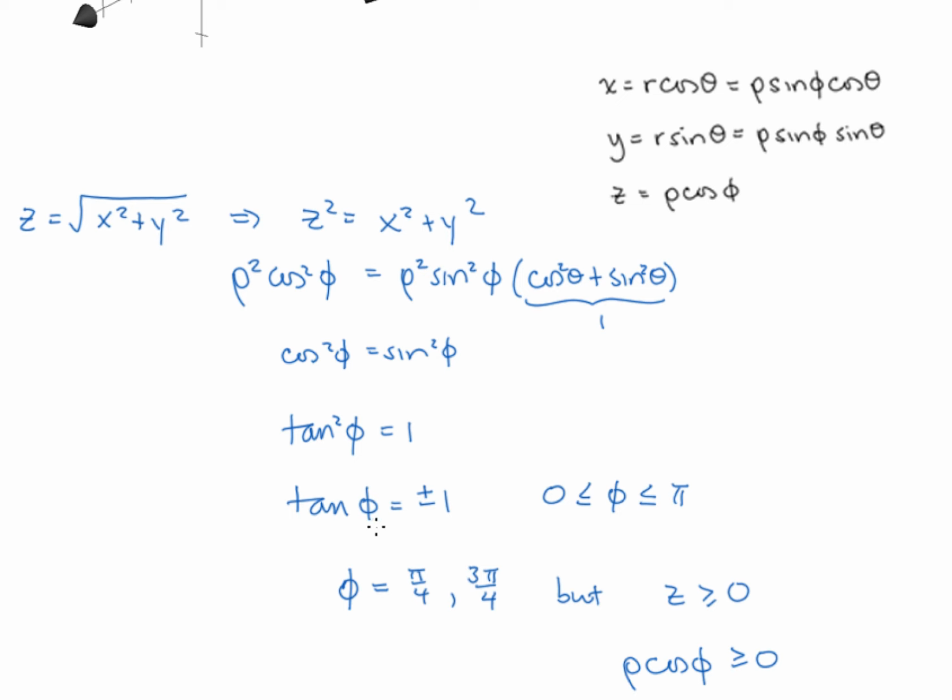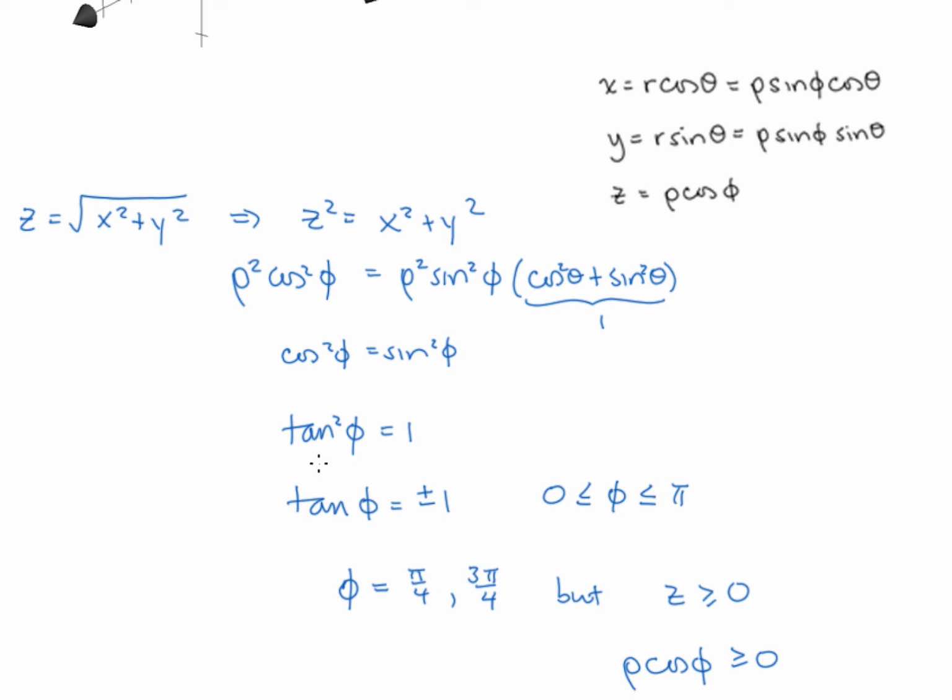This tells us tan phi would be positive or negative 1. Now we know that phi is between 0 and pi, so which values for phi would give us a tan value of positive or negative 1? Well, we'd get a positive 1 at pi over 4 and a negative 1 at 3 pi over 4.